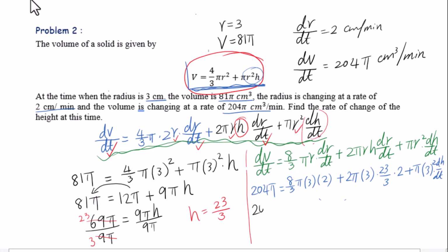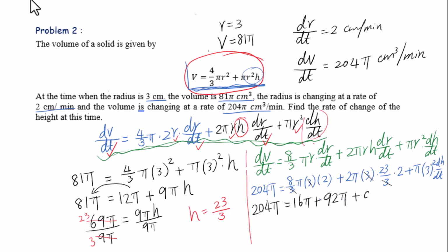Simplify. 204 pi equals, reduce, 16 pi plus, reduce, 23 times 4 pi, 92 pi, plus 9 pi dh/dt.